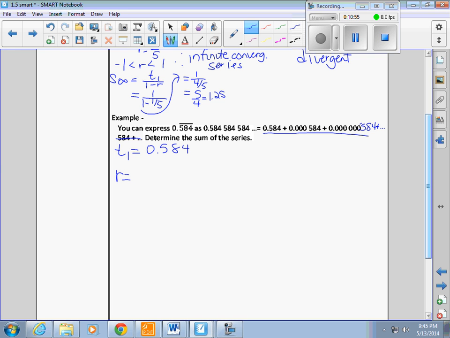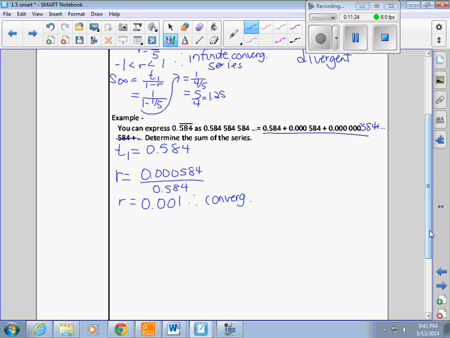My ratio in this one is going to equal term 2 divided by term 1. So my ratio for that is then going to be 0.001. Because it's between -1 and 1, this is an infinite convergent series.